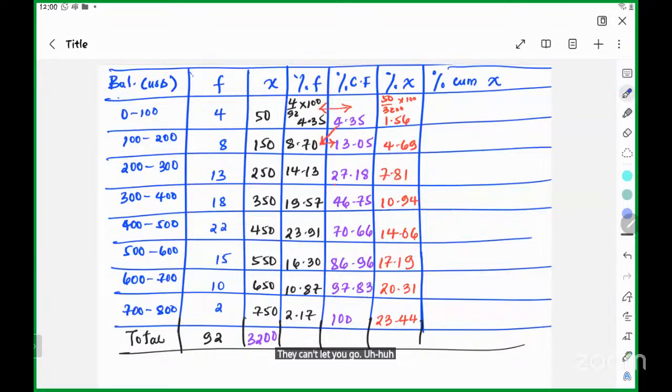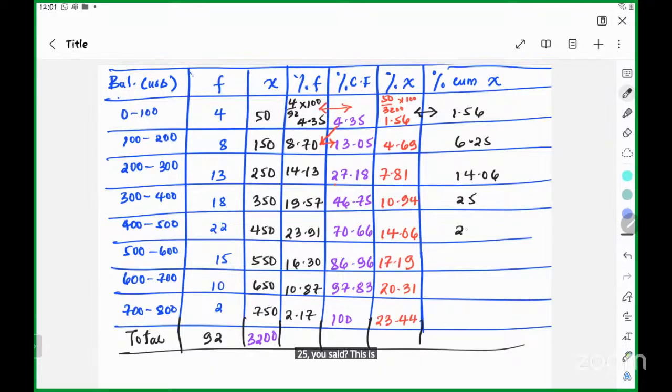Let's get the other, the total here. 1.56. 6.25. Keep going. 14.06. 25.